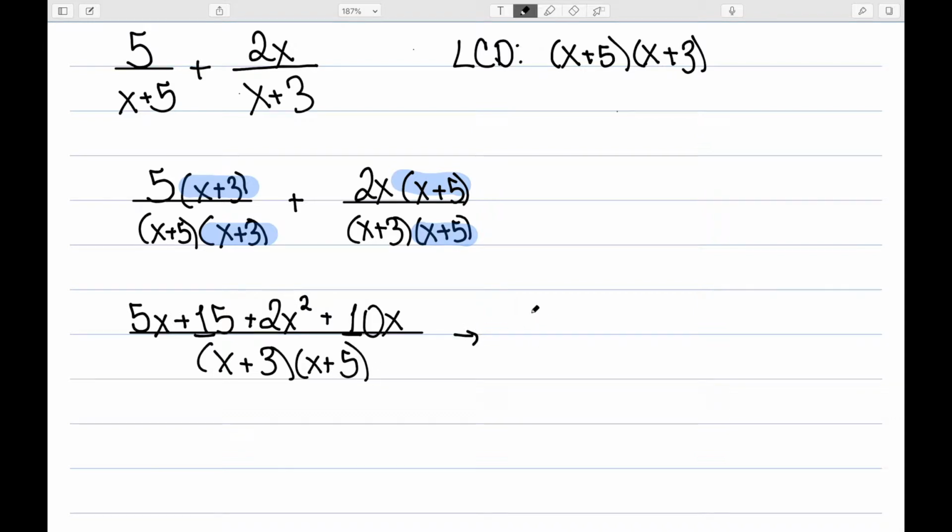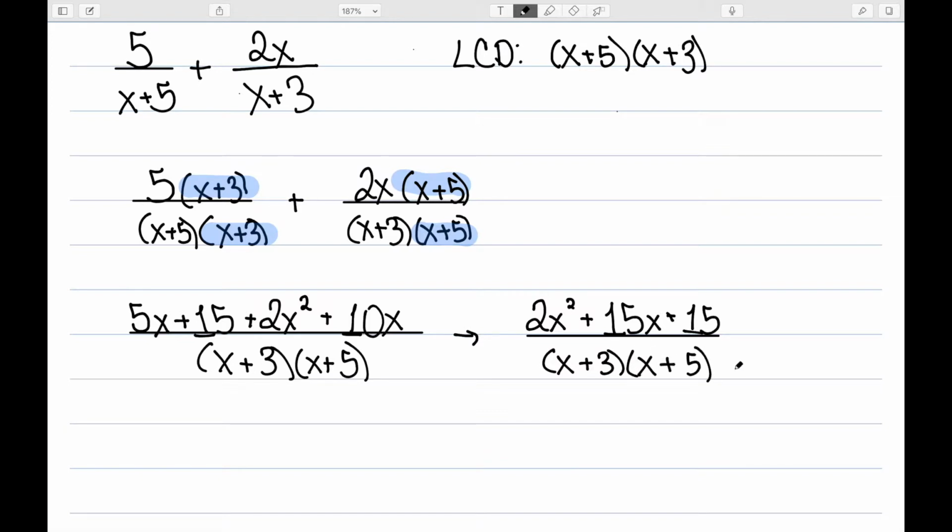Well, this can then be simplified. I have a 2x squared plus 15x plus 15, all divided by x plus 3, x plus 5. So now I have the solution.